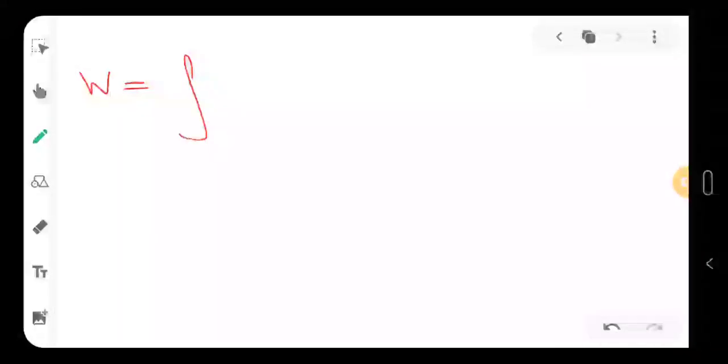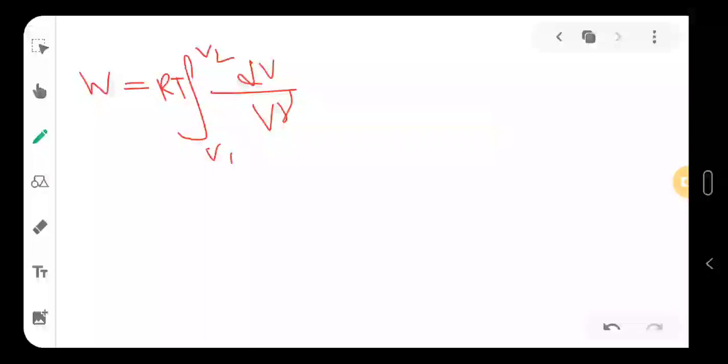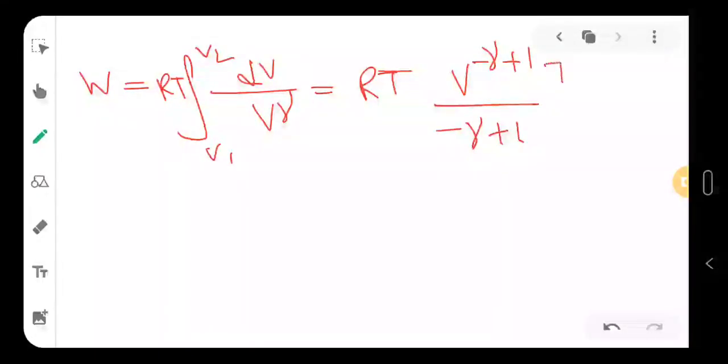This is equal to RT, which has come out, integral of dV by V to the power gamma, from V1 to V2. So if we just do this, RT will be there. Okay. So this V to the power gamma, you can write like this, and the limit will be from V1 to V2.